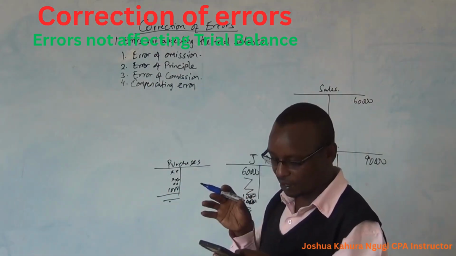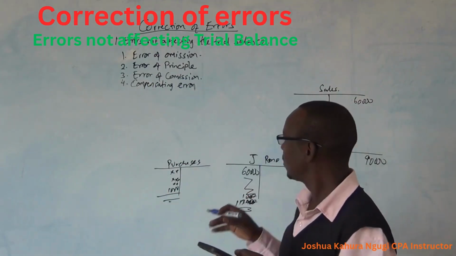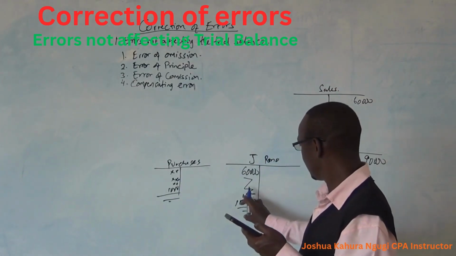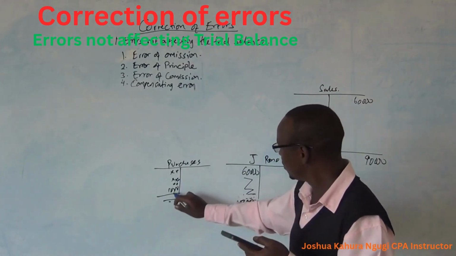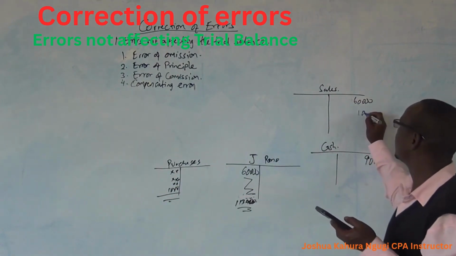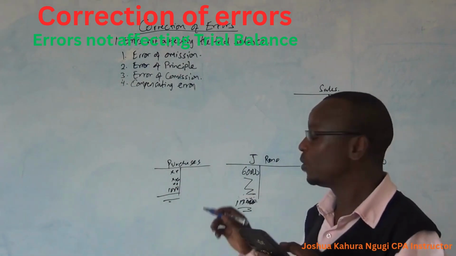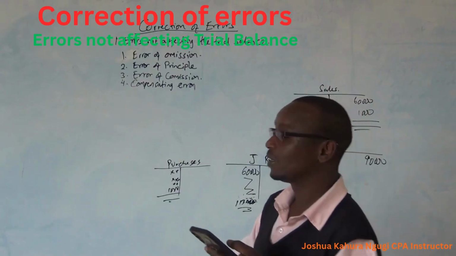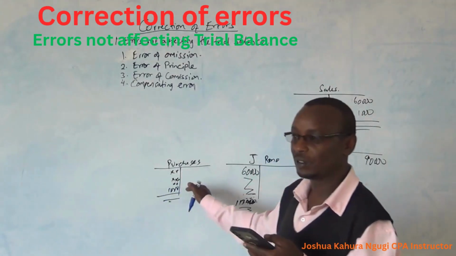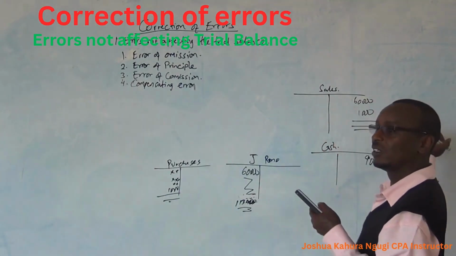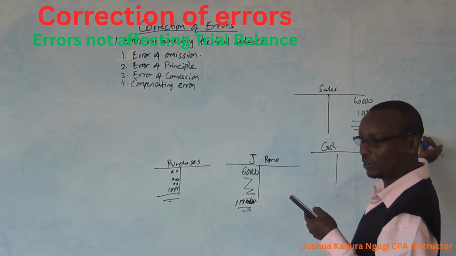We can have a situation whereby you overstate here by 1,000 and also overstate here by 1,000. Because ukitoa the total credits, this was more by 1,000. At the same time, the total sales were more by 1,000.